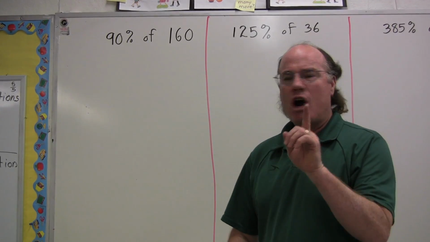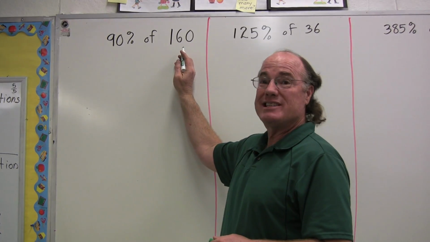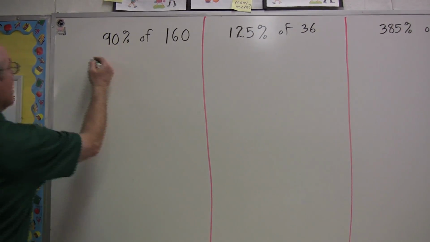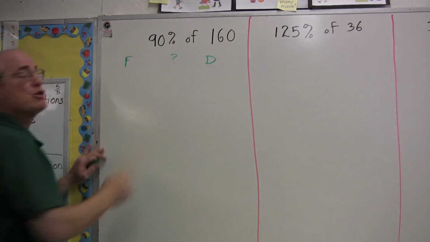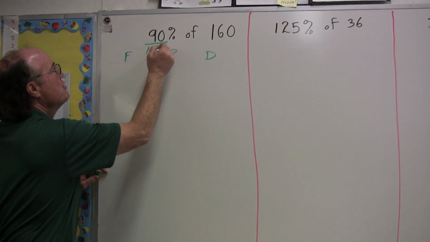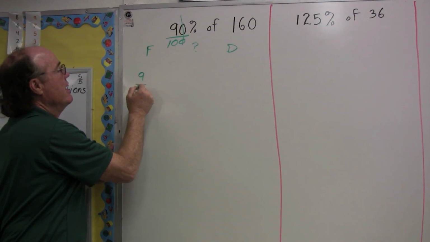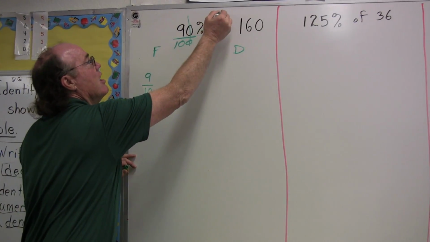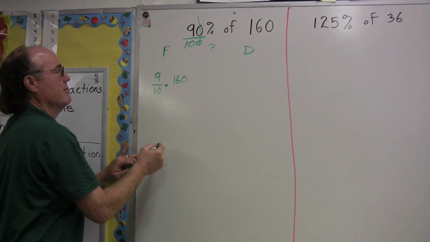Okay. Our next problem is 90% of 160. Now remember, fraction versus decimal. Which one do we use? Let's take the fraction. 90% is 9/10. 9/10 of means times, so 9/10 times 160.